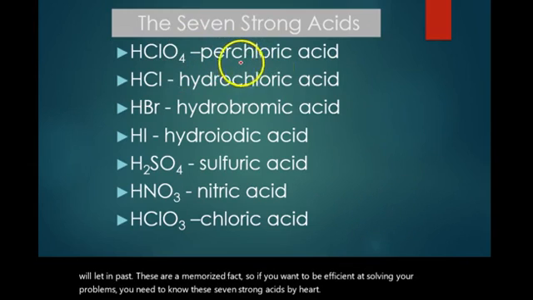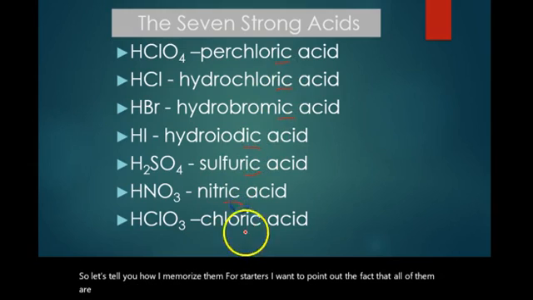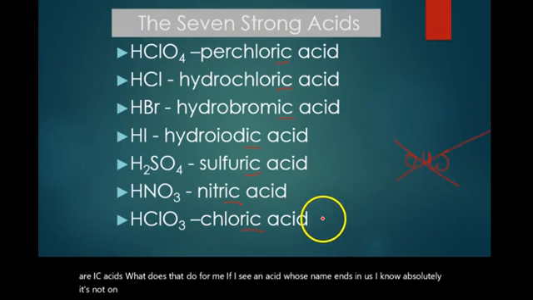So let me tell you how I memorize them. For starters, I want to point out the fact that all of them are -ic acids. What does that do for me? If I see an acid whose name ends in -ous, I know absolutely it's not on the strong acid list. The other thing is I have looked at a periodic table of the elements.